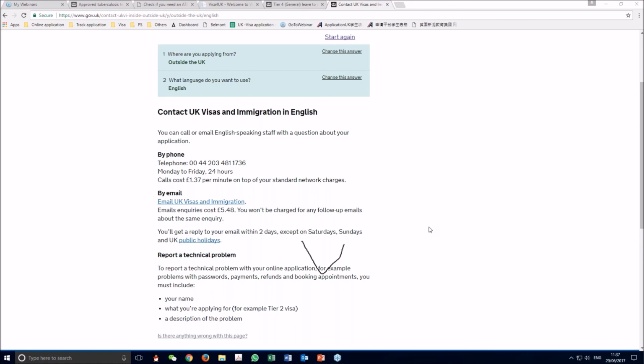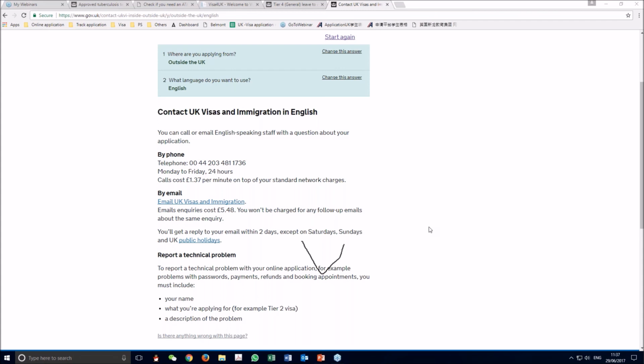The maintenance level is slightly different, and they need to show less money than the main applicant. I can't remember, it was like £500 per month. However, for the length of time, for how many months they need to show the maintenance, it is the same as the main applicant. So if the main applicant needs to show 9 months maintenance, the dependent needs to show 9 months maintenance.